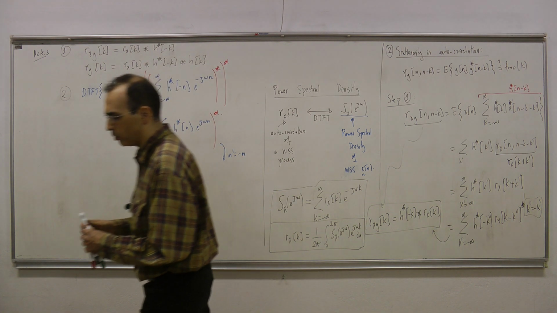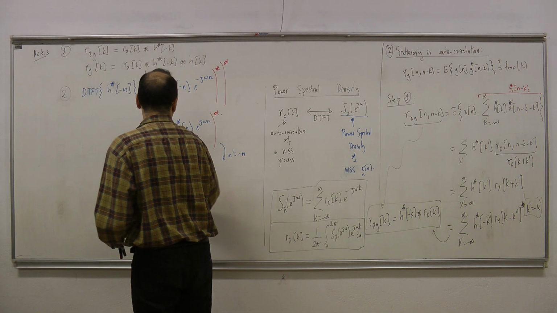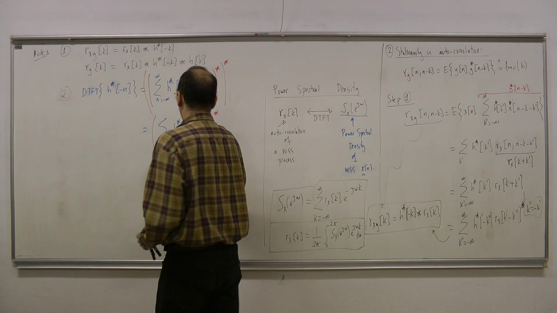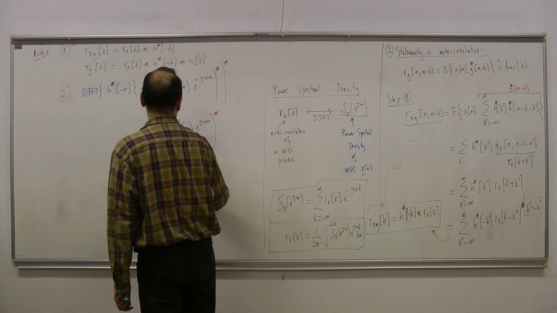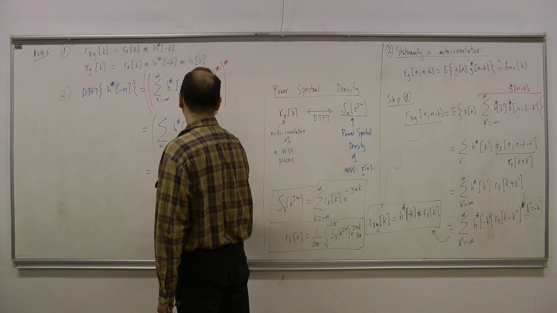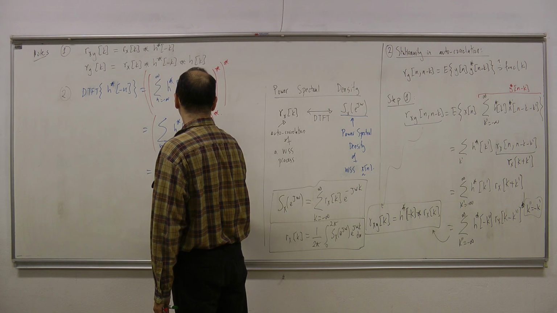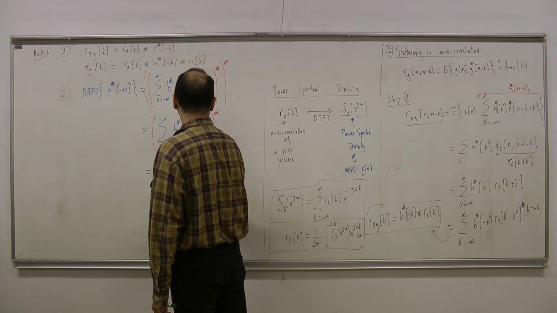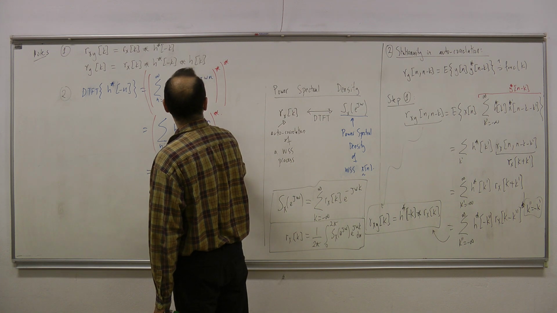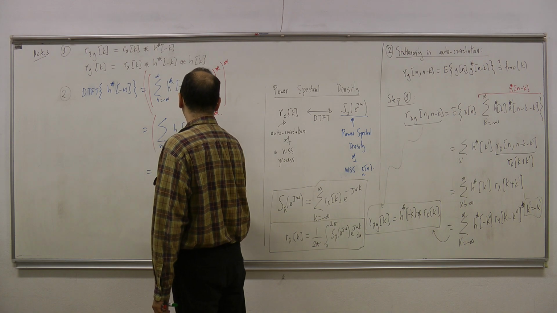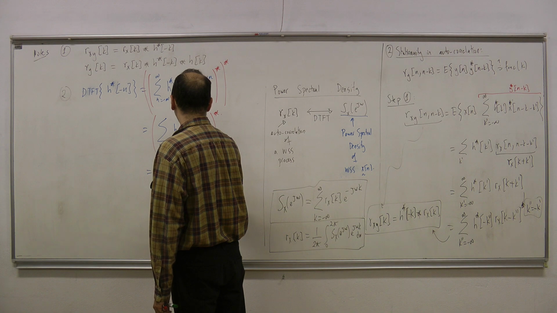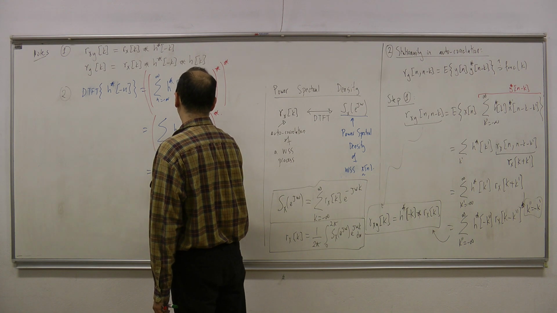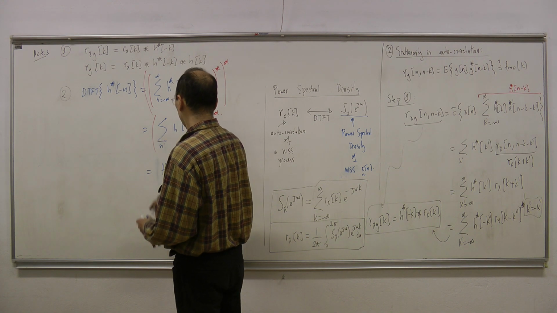Oh no, I don't need it over here. I am almost done. This is h of e to the j, minus omega, and there is a conjugate also over here.